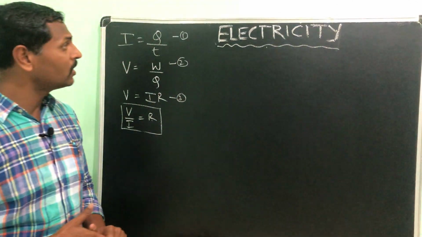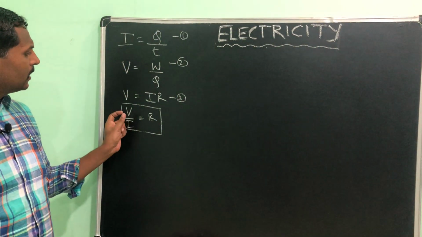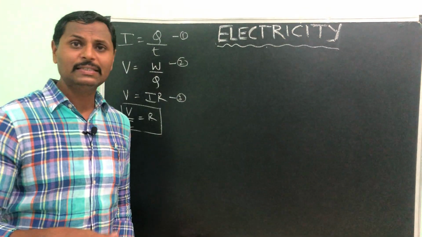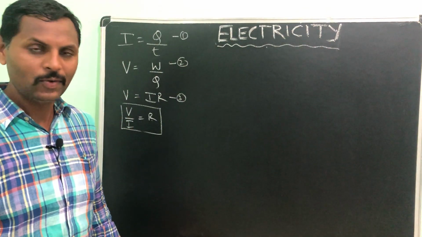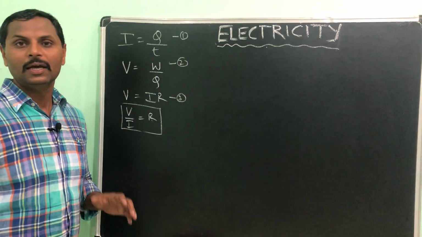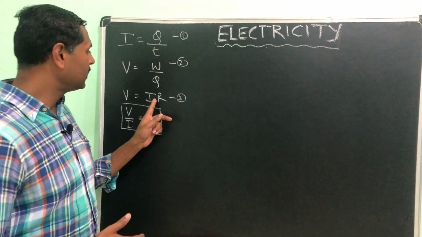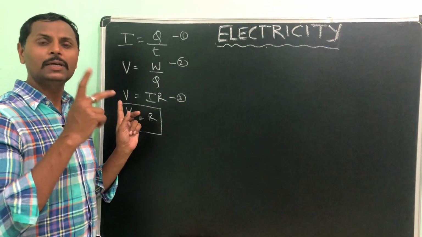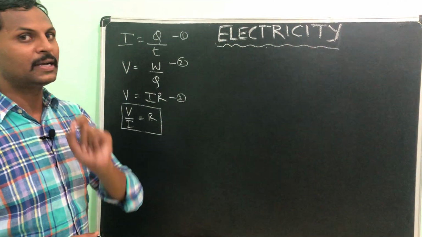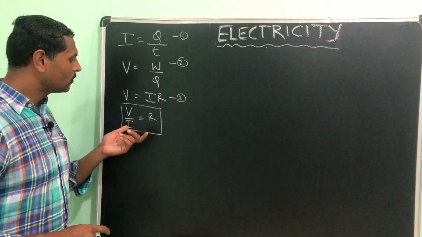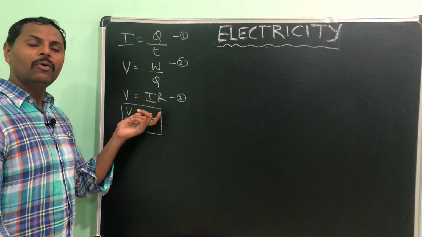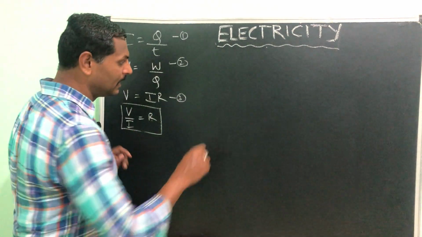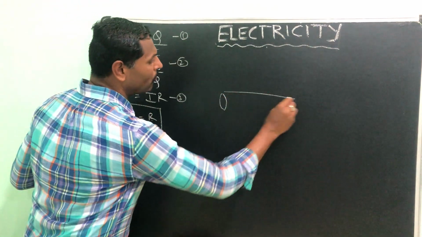Then we will discuss now the resistance. What is this resistance, sir? As we just discussed about Ohm's law, current is always directly proportional to the potential difference, keeping the temperature constant. So then what is this resistance? It is simply an opposing force.